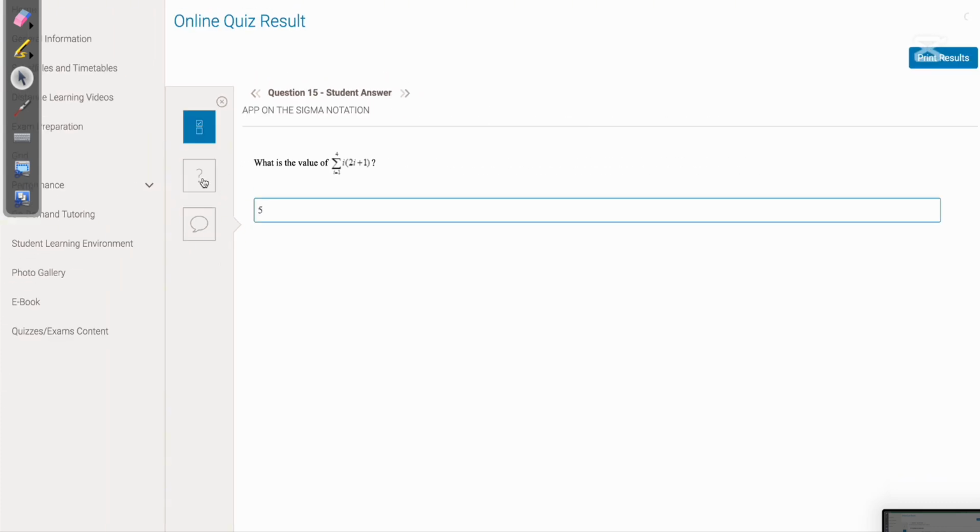Number 15. What is the value of summation of 2i times 2i plus 1? What I did to solve this question, I did shift log with the rectangle squares around it, whatever you want to say.